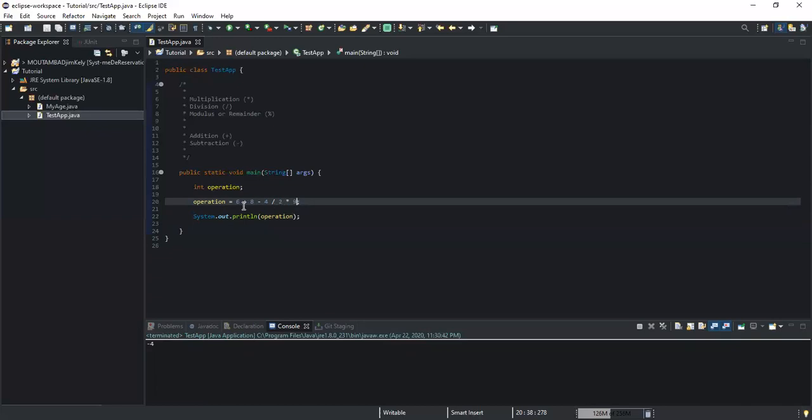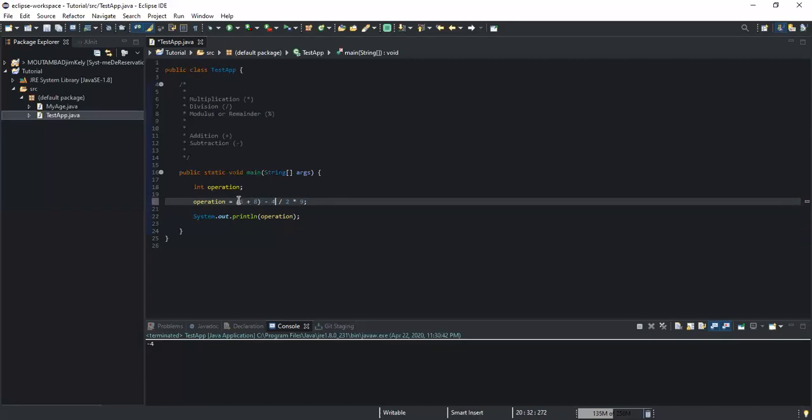For example, if I want to first of all evaluate 6 plus 8, I have to put it into brackets, and you will see that the result is going to change.